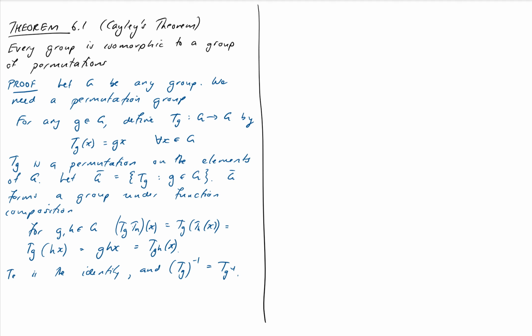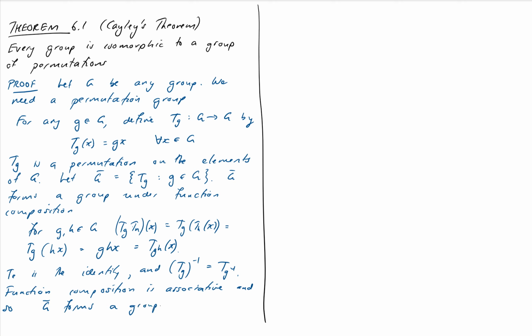Okay, and we know that function composition is associative. And so G bar forms a group. Okay, so we've just blitzed through our test for groups.